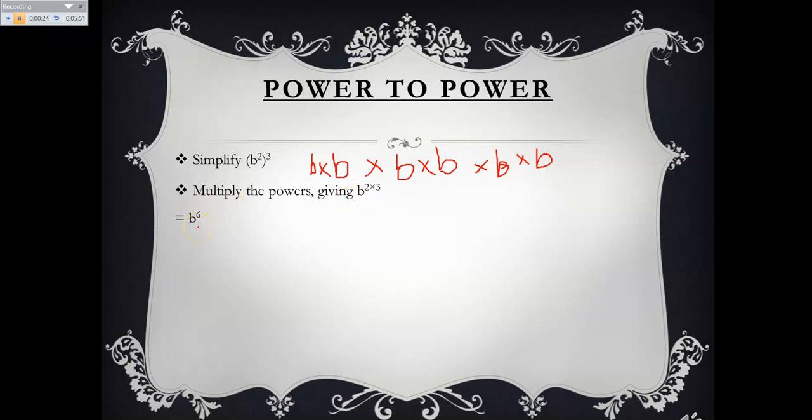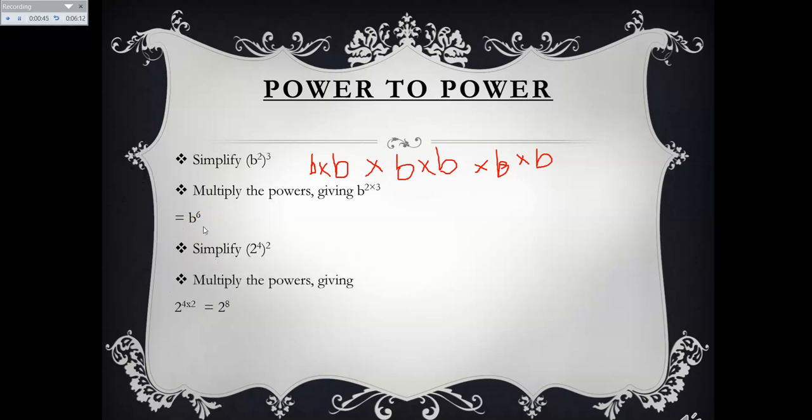The power to power law says that when you have a power raised to another power, you simply keep the base, multiply the powers. So instead of writing out all of this, I just say, okay, it's going to be b to the 2 times 3 power, which would give us b to the 6th.